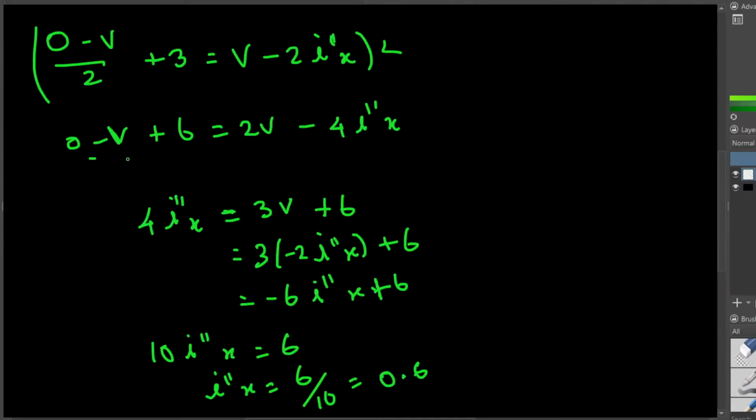So if I bring this v to this side, that became 3v. And if we bring this negative 4 I double prime x, that is positive 4, then instead of v we put the negative 2 I double prime x. That's okay. And if I bring this positive, yeah, I don't see any mistake here.